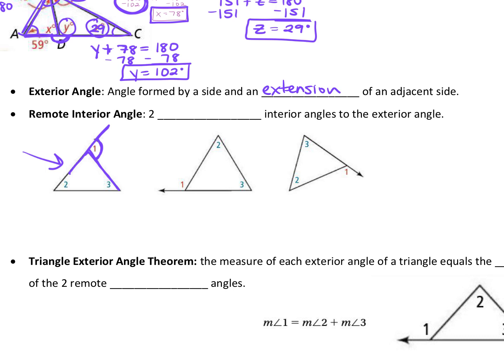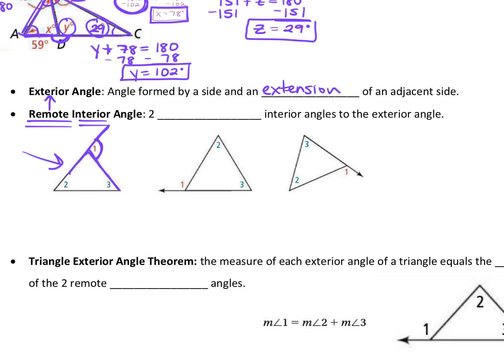And then with exteriors, there are what are called remote interior angles. If I said I'm going to a remote desert island, what do you think for remote? Far away. Remote. Not close, right? So when we talk about remote interior angles, they're in relationship to the exterior that we're looking at.